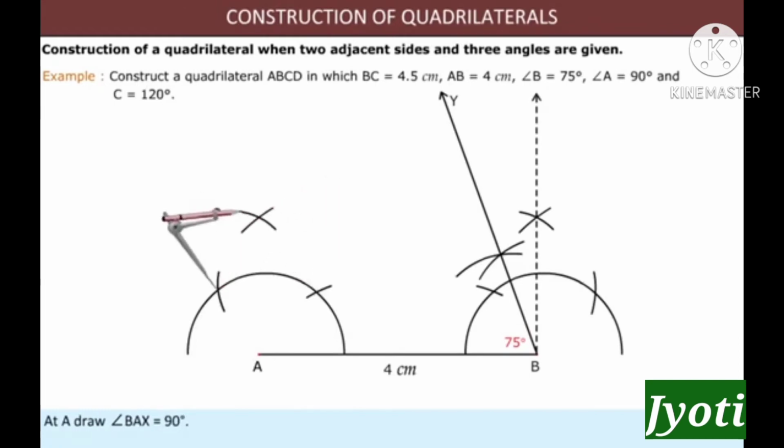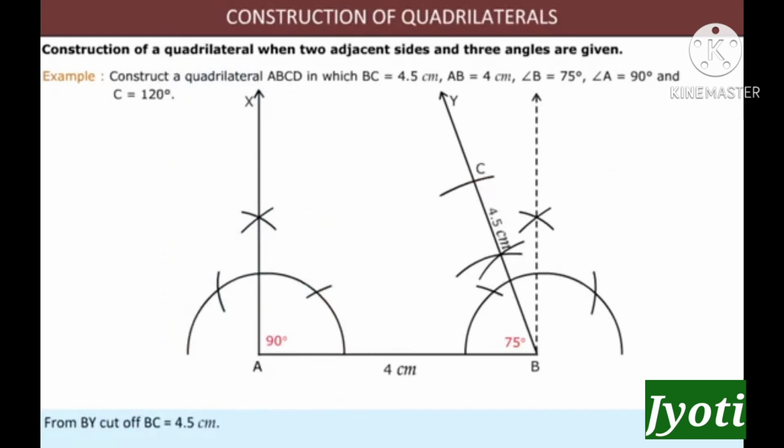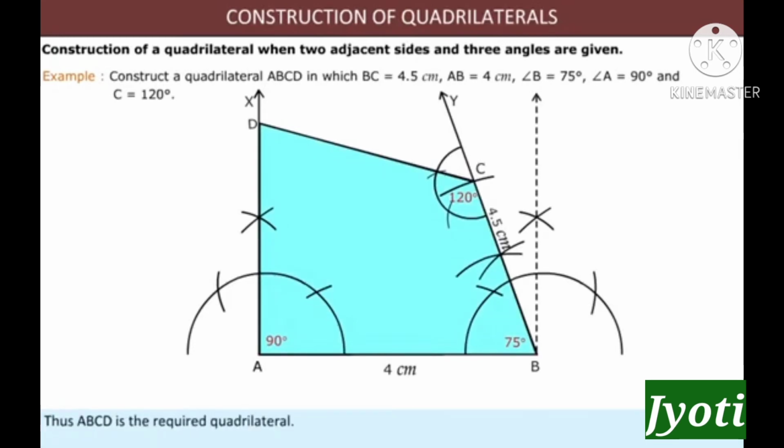At A, draw angle BAX is equal to 90 degrees. From BY, cut off BC is equal to 4.5 centimeters. At C, draw angle BCD is equal to 120 degrees, so that CD cuts AX at D. Thus, ABCD is the required quadrilateral.